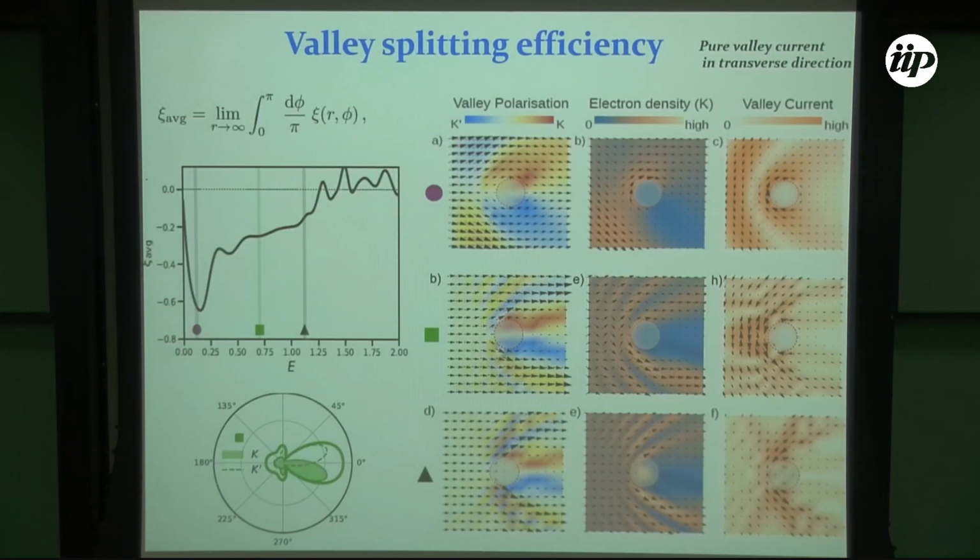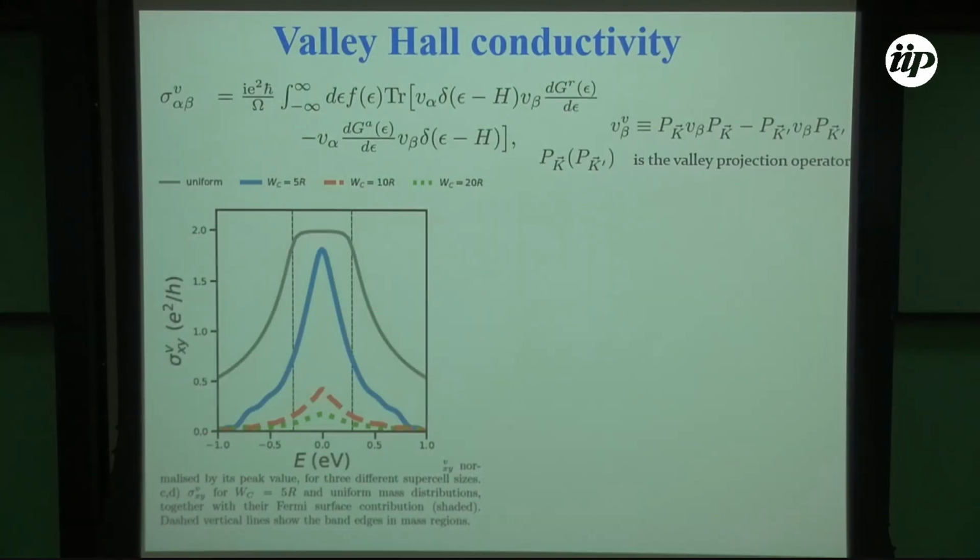It's a lot of information, but we can try to investigate as a function of energy how all this Valley-dependent scattering strength is scaling, and with that we try to connect this to the Valley Hall conductivity that I've shown before, and then we can compute from the bulk information.